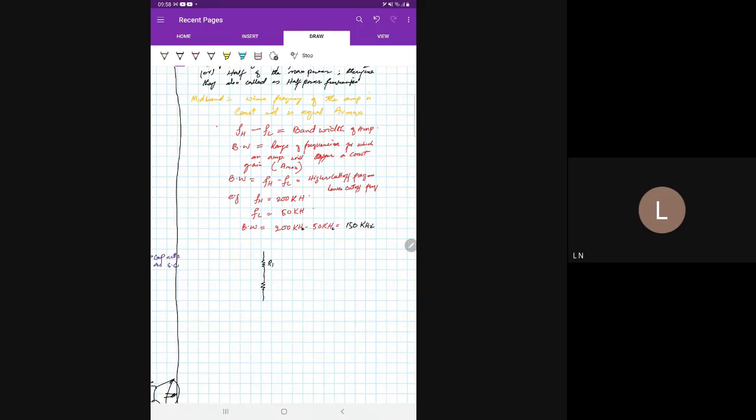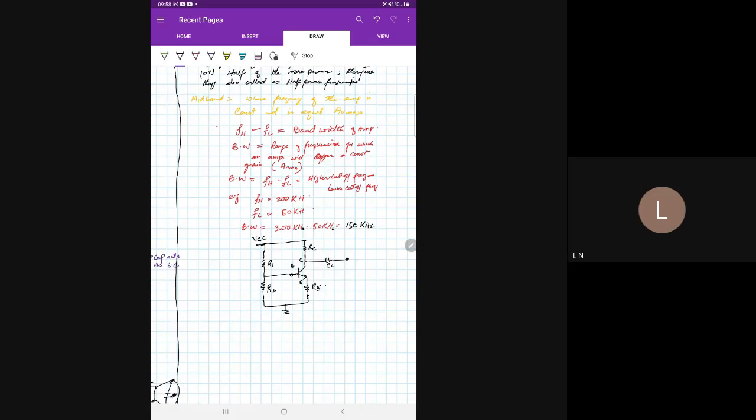You have R1 here, R2 here, then we have the base and the collector, RC here, VCC here, and RE here. Then we have a coupling capacitor at the output of the collector.